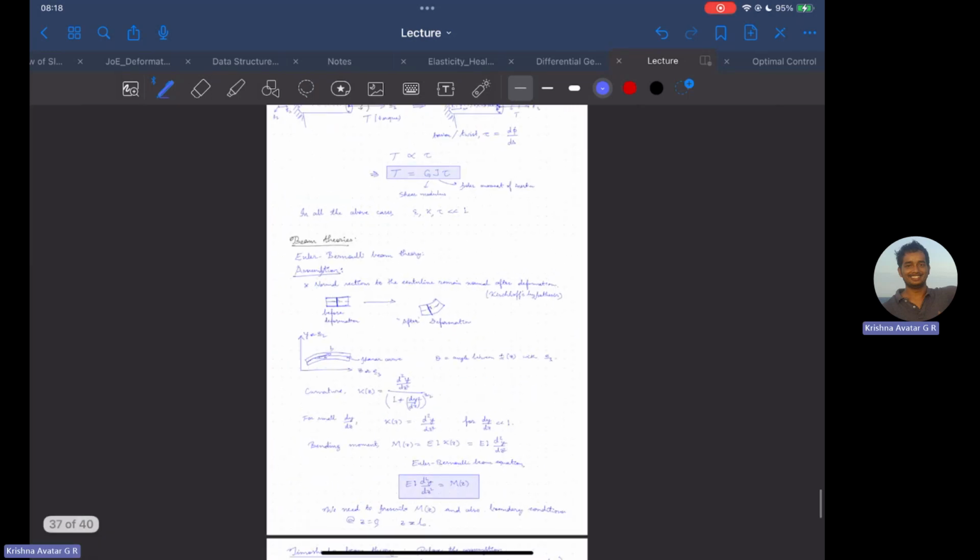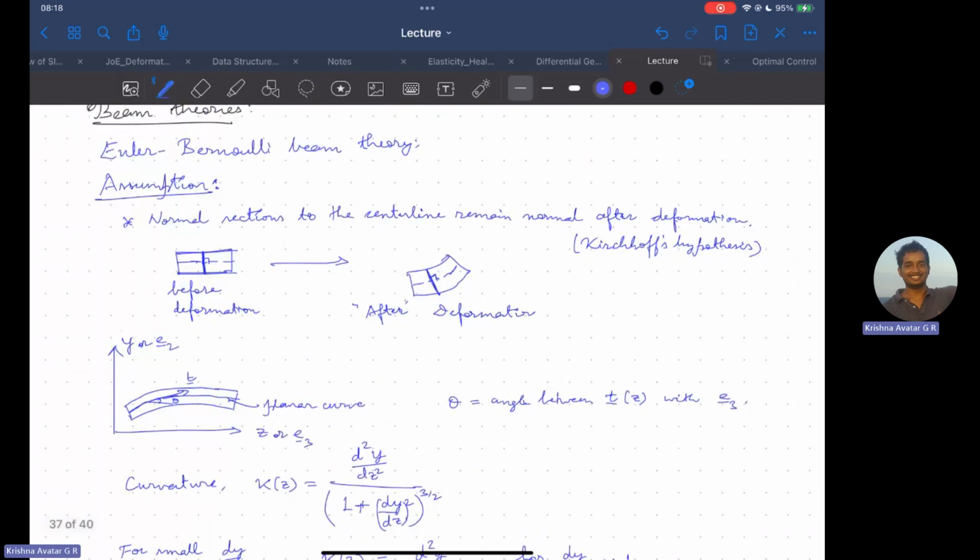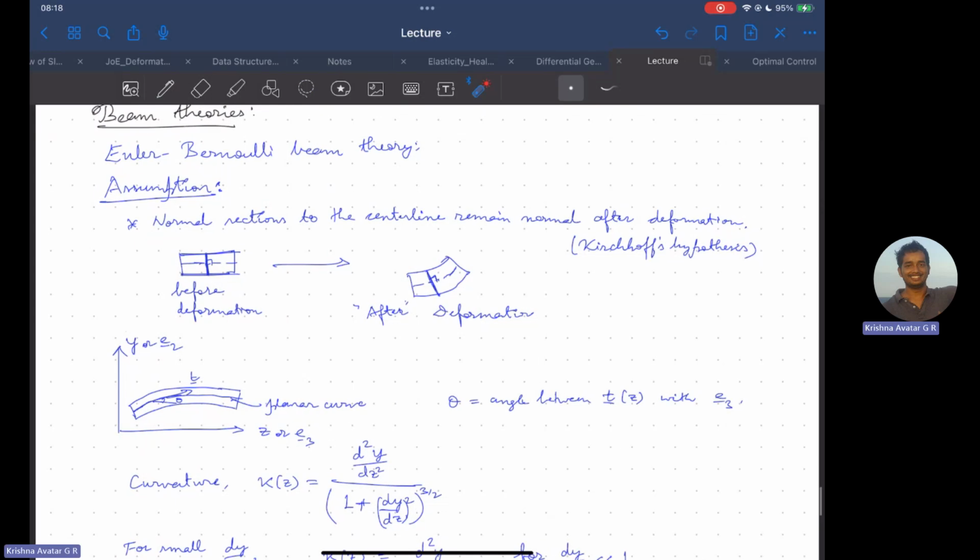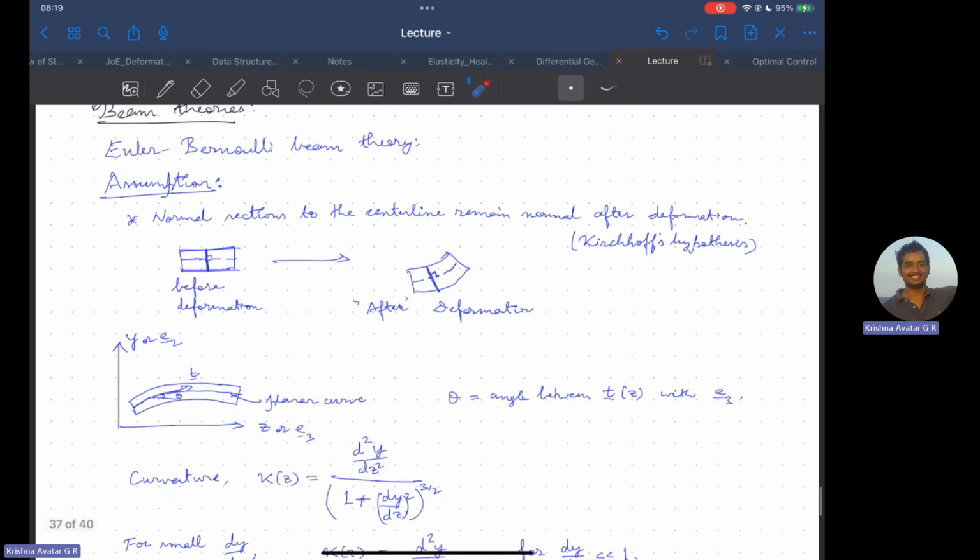Okay, so the assumption is that the normal sections to the center line remain normal after deformation. Say you have a segment of a beam, with this cross section being at an angle of 90 degrees with respect to the center line. After deformation, this structure is of course going to bend, and the cross section is going to rotate, when seen from the side.